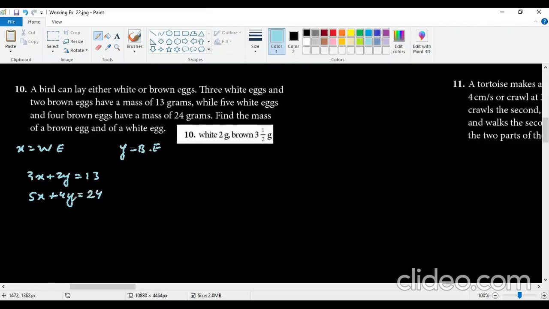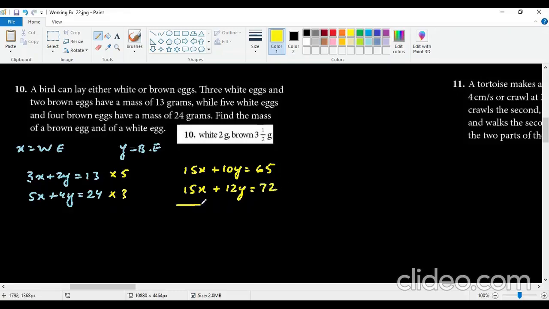Now I will be using the elimination method here. I multiply the first equation by 5 and the second equation by 3. So ultimately I will get 15x plus 10y equals 13 times 5, which is 65. The second equation multiplied by 3 is going to give us 15x plus 12y equals 24 times 3, which is 72.